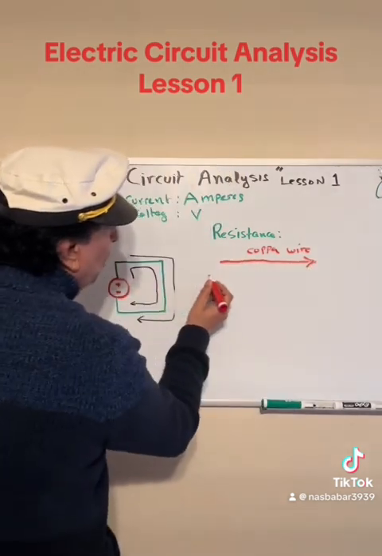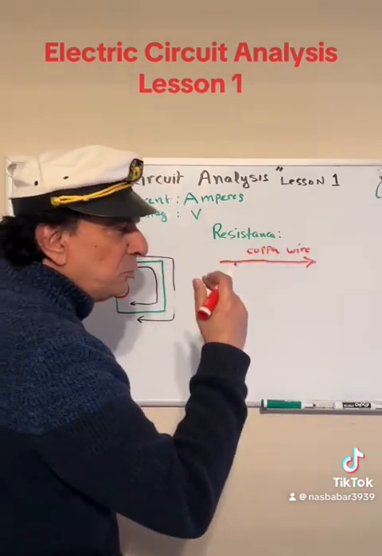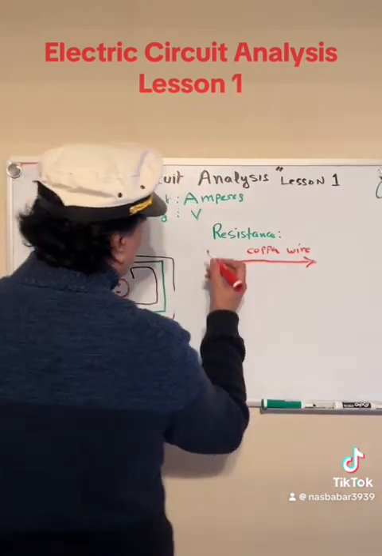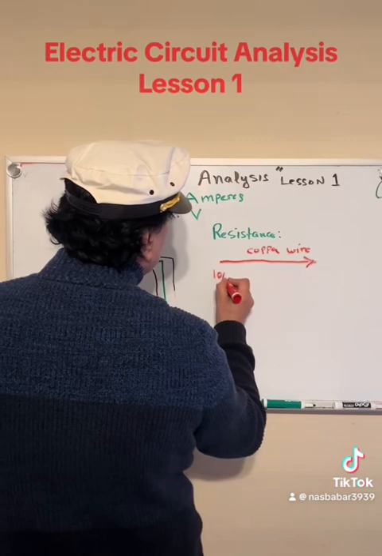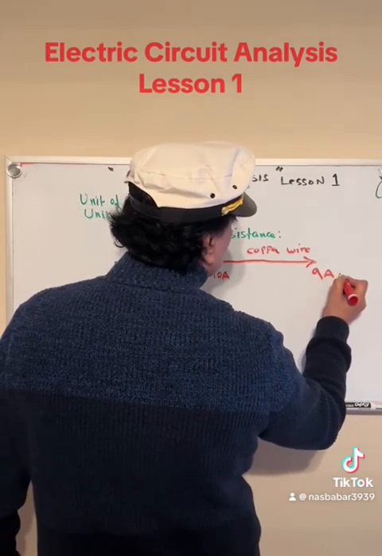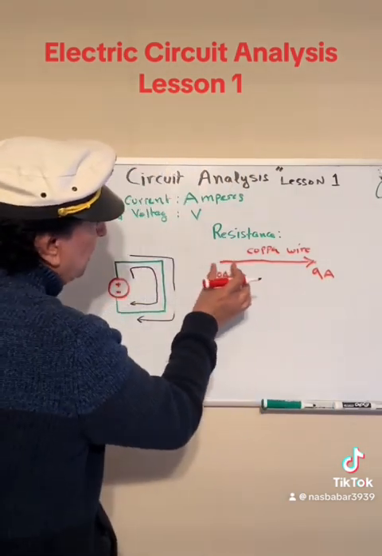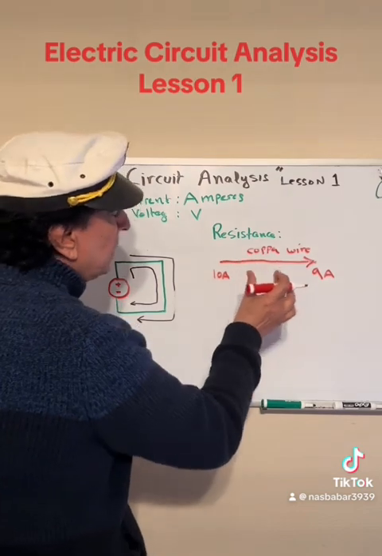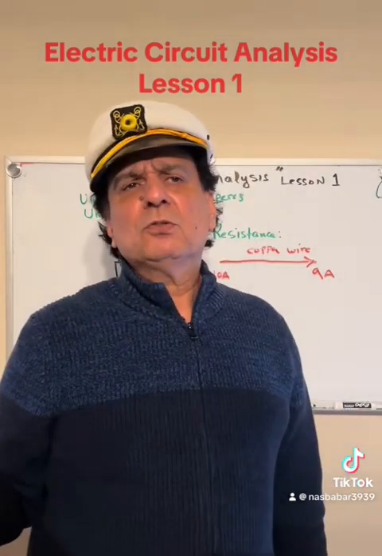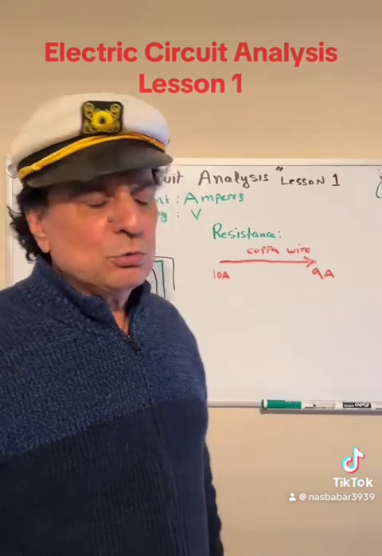When the current moves along this, there is some sort of resistance, some sort of friction. So if you're sending, say, 10 amperes of current, you might not receive 10 amperes over here. You might receive 9 amperes. So those are line losses. In other words, this copper wire has provided some resistance. There are some other conductors also, like silver. I think silver is good, but mostly in today's world, we use copper.